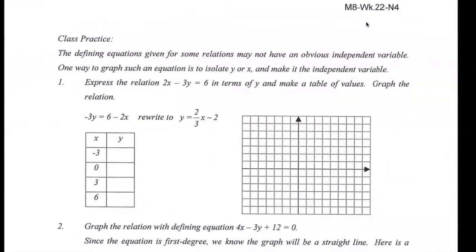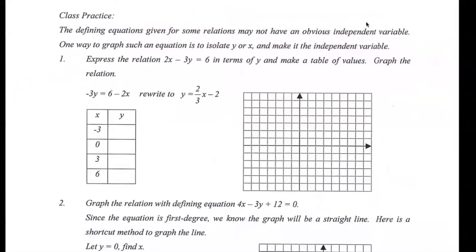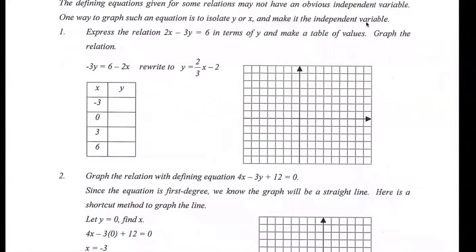Okay, so let's look at the class practice. The defining equations given for some relations may not have an obvious independent variable. One way to graph such an equation is to isolate y or x and make it the independent variable. Okay.